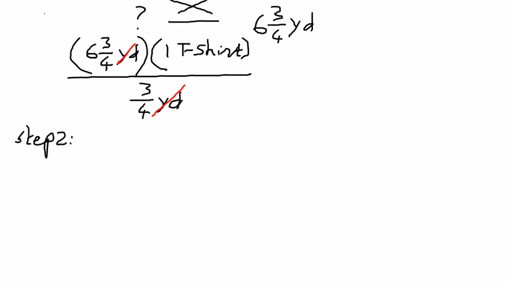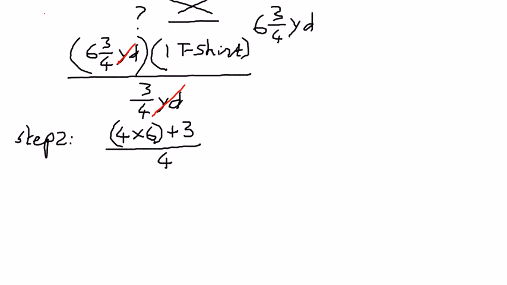We're going to simplify the mixed number into an improper fraction. So the way we do it is as follows. We take the denominator of the fraction, multiply it by the number on the side, take the product, then add it to the number in the numerator, and then divide that whole expression by the denominator.